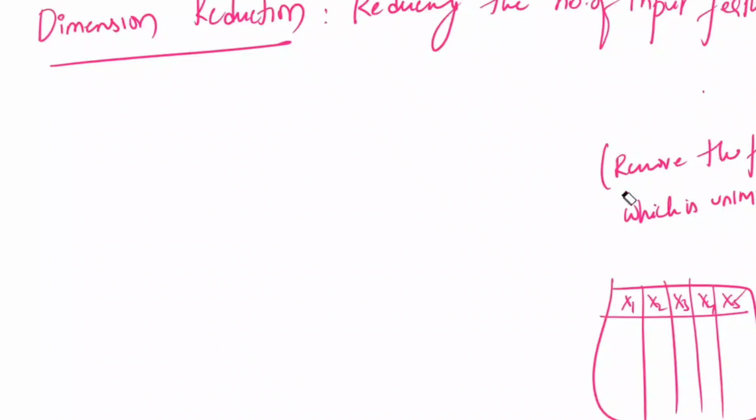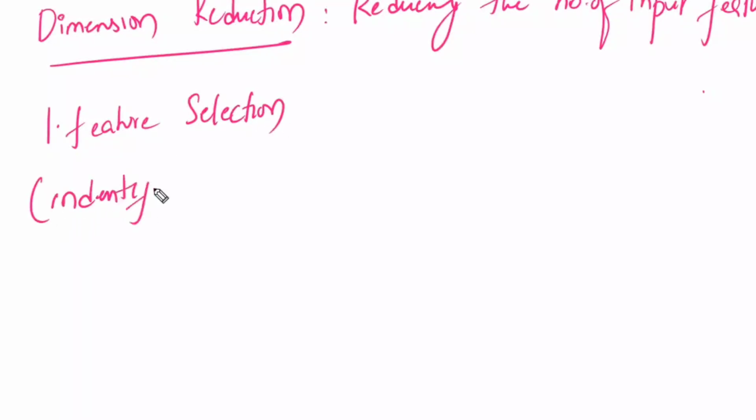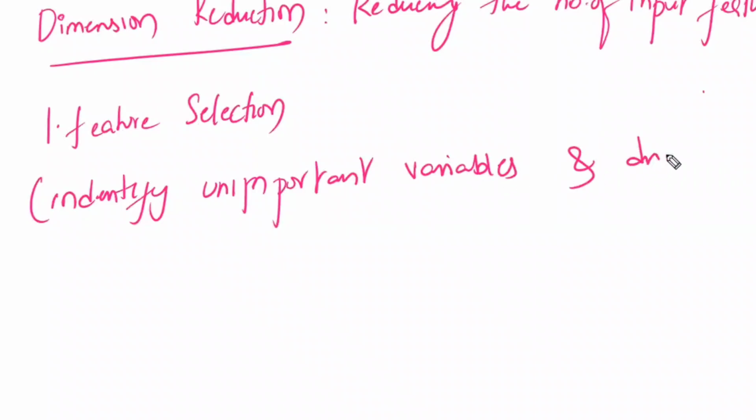Okay. Now, with respect to the first option called feature selection, we are going to identify the unimportant variables and drop them. How are we going to identify the unimportant variables?